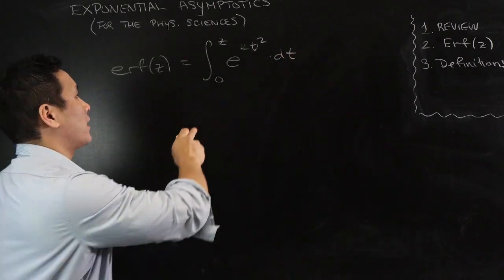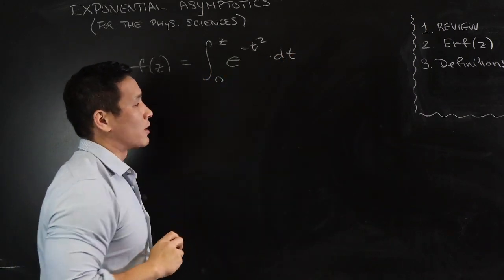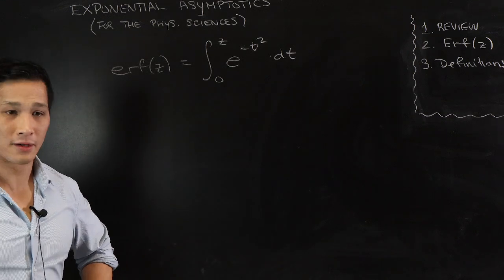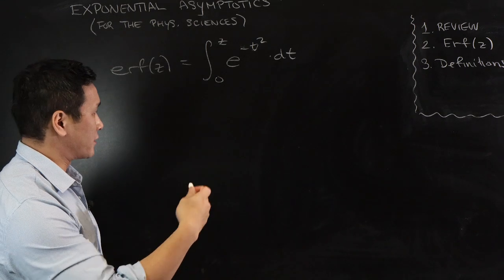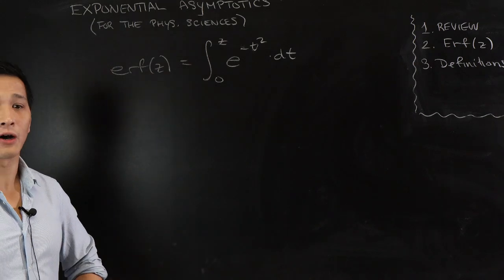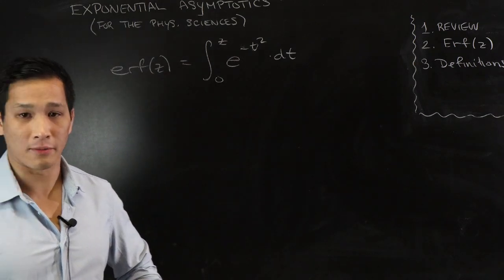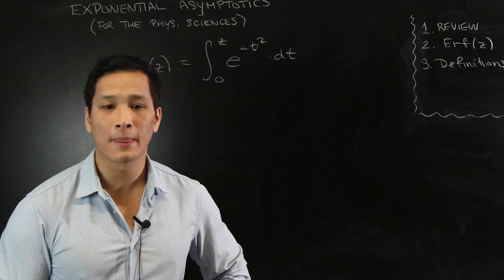So we're just integrating a Gaussian from 0 to a point z. For concreteness, let's just take z to be real for now, though there might be some interesting questions you might want to think about if z is complex.